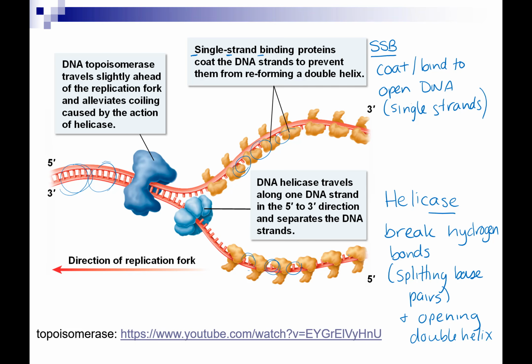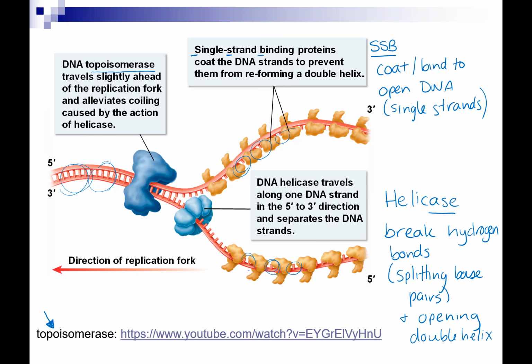There is one more very important enzyme called topoisomerase. This is the blue one, and I want you to notice that it's in front of the helicase. And it's hard to illustrate, so I really suggest you watch this video on topoisomerase.